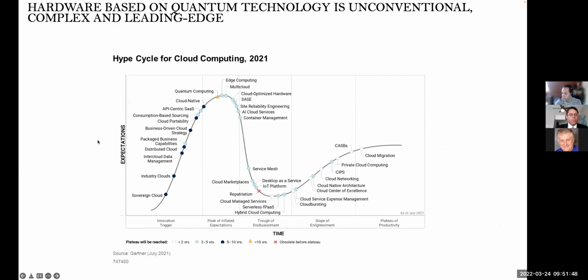This is one of the most recent reports from Gartner, from hype cycles for cloud computing. As I said, most of the time quantum is under cloud, and as you see, the expectations from quantum computing are very high, and the expectations are not right away.